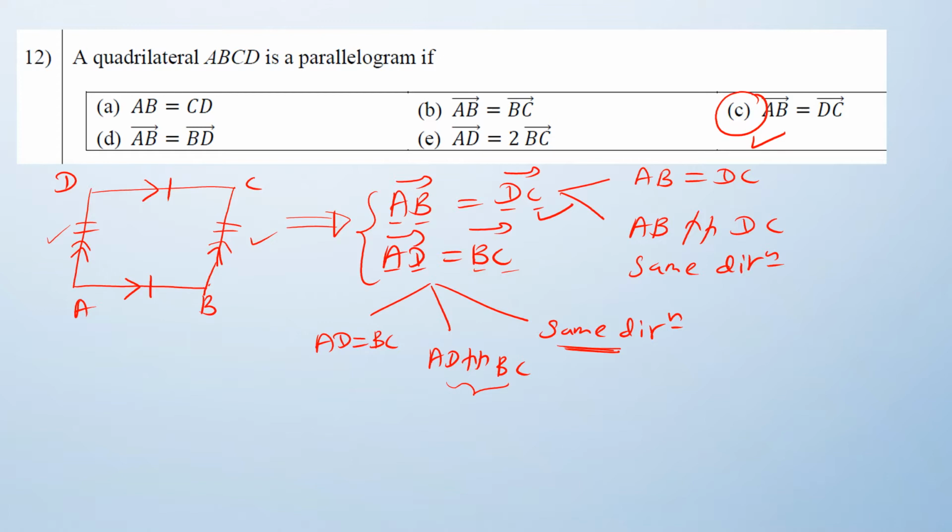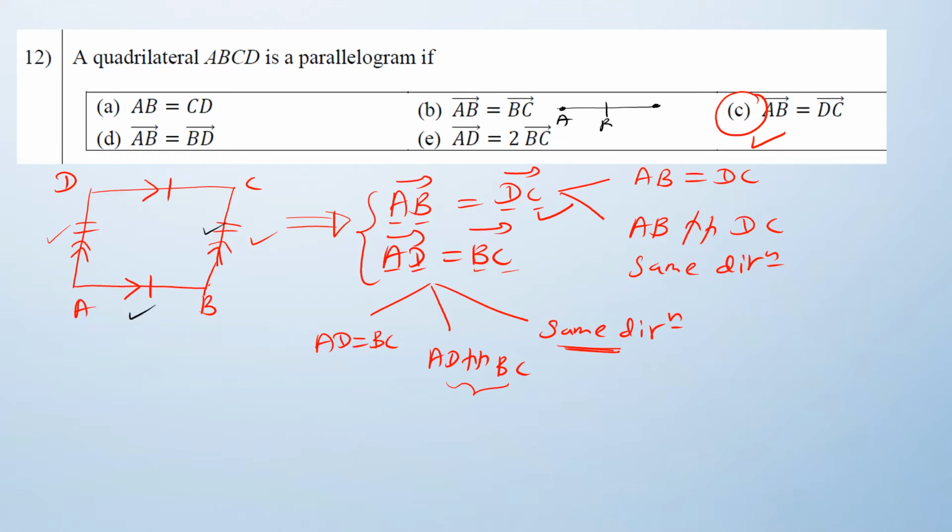What about B? AB vector equals BC vector. AB this and BC this. When those two vectors are equal, ABC will be a straight line because direction should be the same.